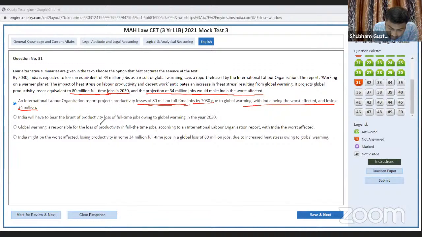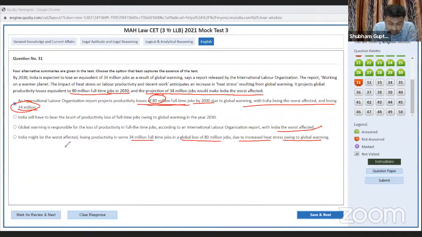India will have to bear the burden of productivity loss of full-time jobs owing, not sure. Global warming is responsible for loss of productivity in full-time jobs. So this also can be right, but here facts are also mentioned. So again, two facts are mentioned. India might be the worst affected, losing productivity jobs in a global loss due to increased heat stress owing to global warming. So it is very confusing.